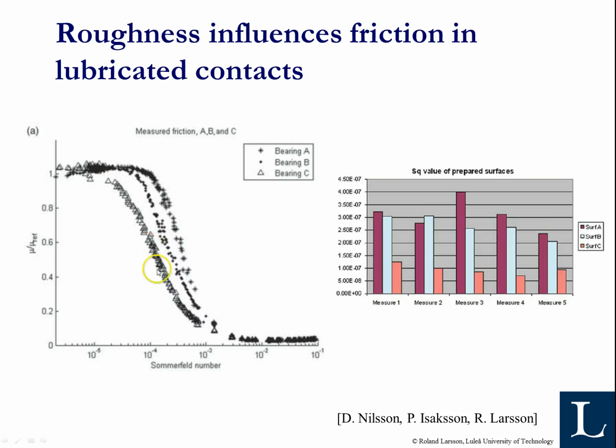Here you pass through to mixed, and down here you have full film. And you can see that the change influences the transition to full film very much. The smoothest surface has an earlier transition to full film. This Sommerfeld number is proportional to sliding speed. So you can see that the transition to mixed lubrication starts almost 1 order of magnitude lower speed than for the other two surfaces.